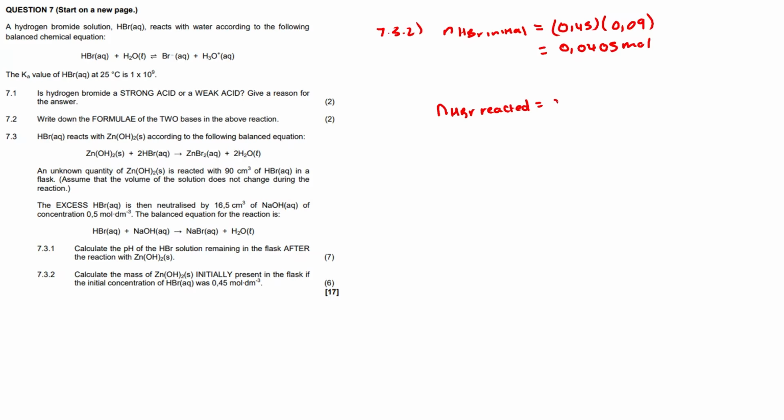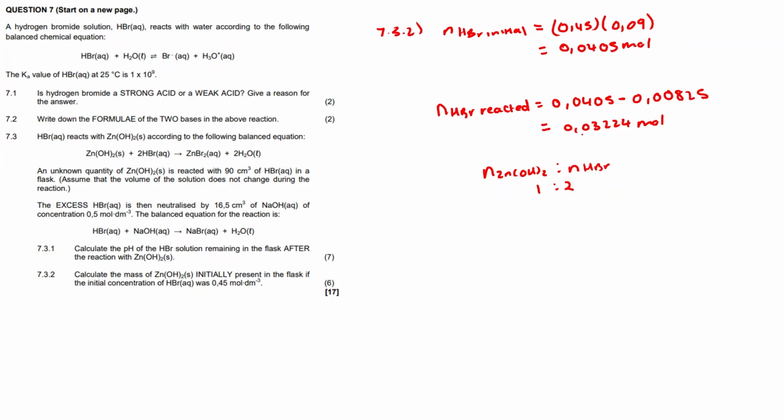We can then determine how many moles of HBr reacted with the zinc hydroxide. We can do that by saying our initial moles minus the moles we have at the end, which were used in the second reaction, which we calculated to be 0.00825. And from that, we should get 0.03224 moles. Then, by looking at our equation, we can see that zinc hydroxide and hydrogen bromide are at a 1-to-2 ratio.